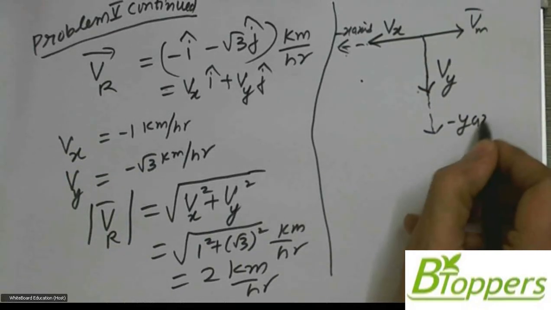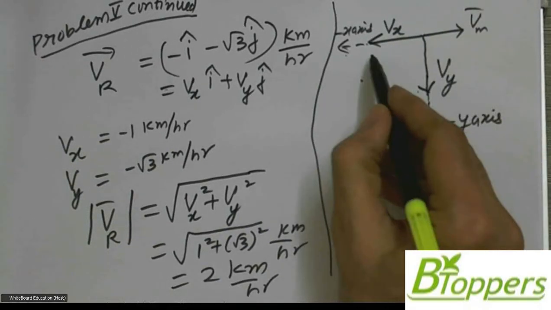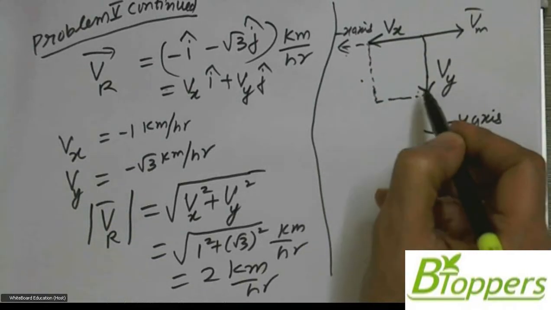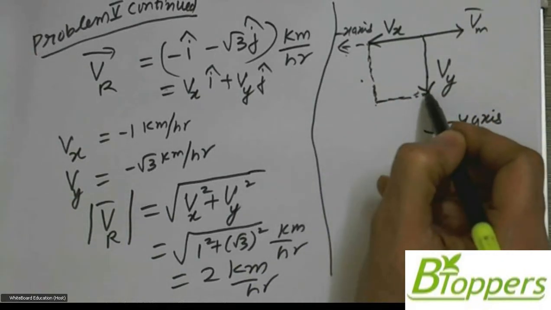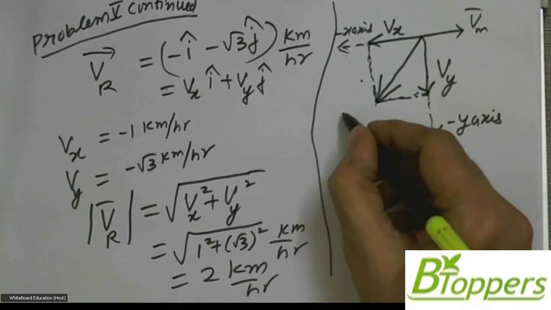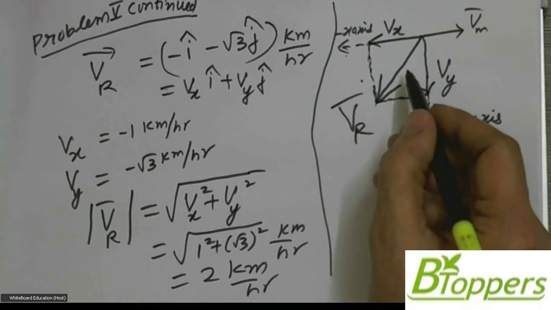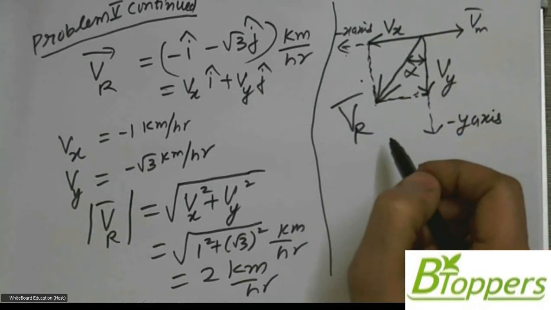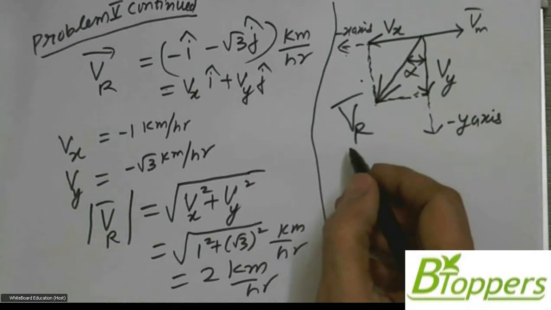The y component of the actual velocity of raindrops is directed along the negative y-axis. If you complete the rectangle by representing the two rectangular components Vx and Vy by the adjacent sides, the diagonal represents the actual velocity of raindrops, which makes some angle alpha with the vertical direction. You can find the value of alpha here.